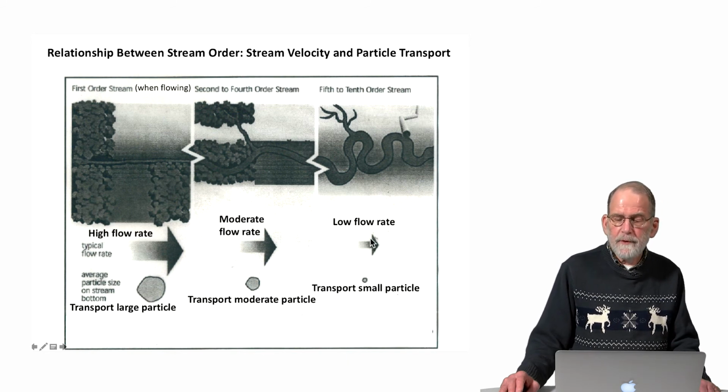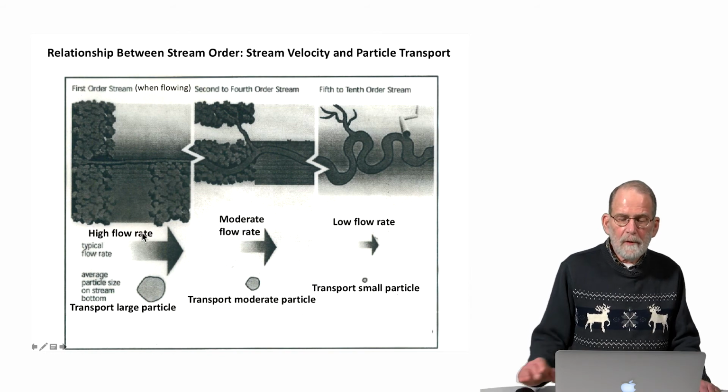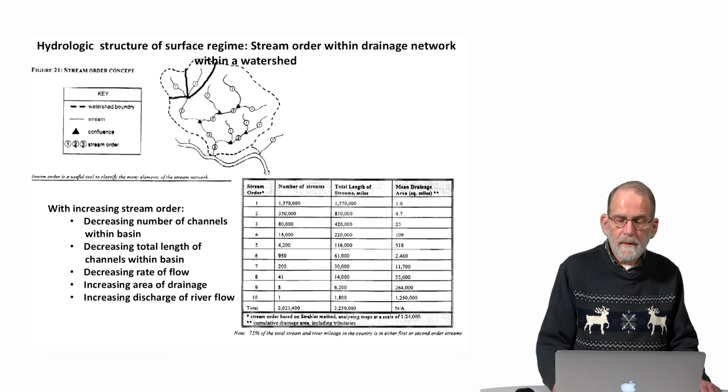But the rate at which the water is flowing is lowest in these higher order stream channels than it is in these lower order stream channels. And consequently, they're not able to carry the same particle size that the lower order stream channels can carry.